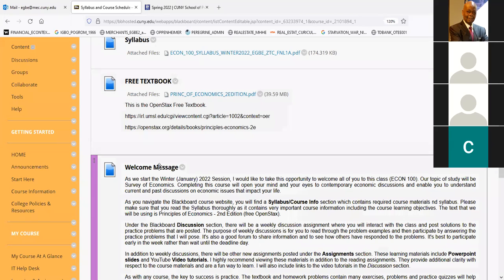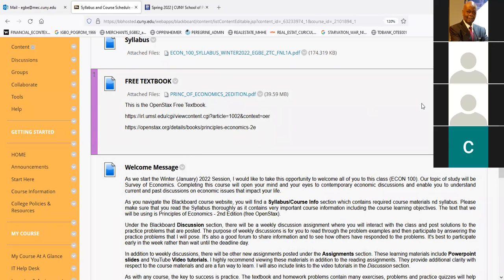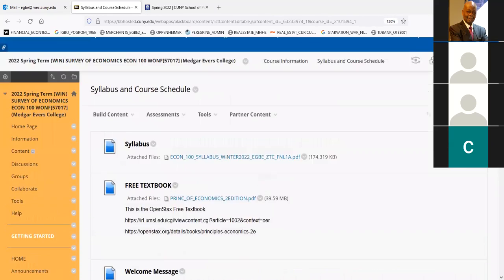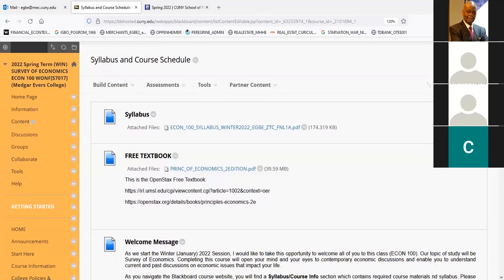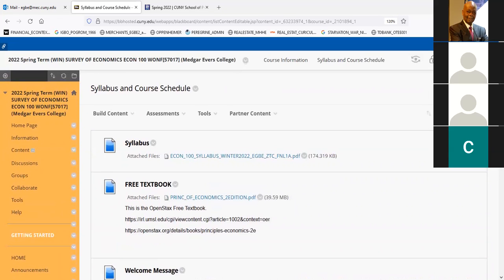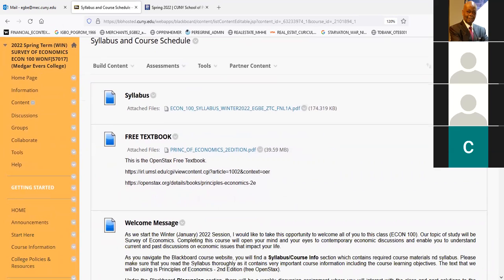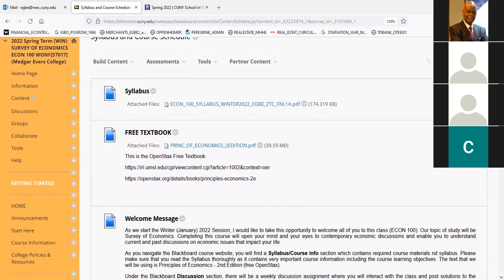Do you see the welcome message? Yes, I'm there, but I see between course overview and syllabus and course schedule. I'm looking at the syllabus right now, scrolling down, and there is nothing. Your picture is there with your info, and that's it. I don't know if someone else could go on Blackboard as well to see. Okay, click on course information.